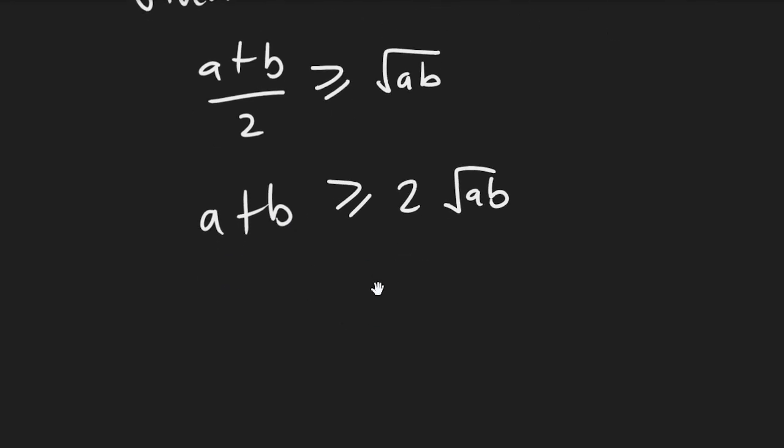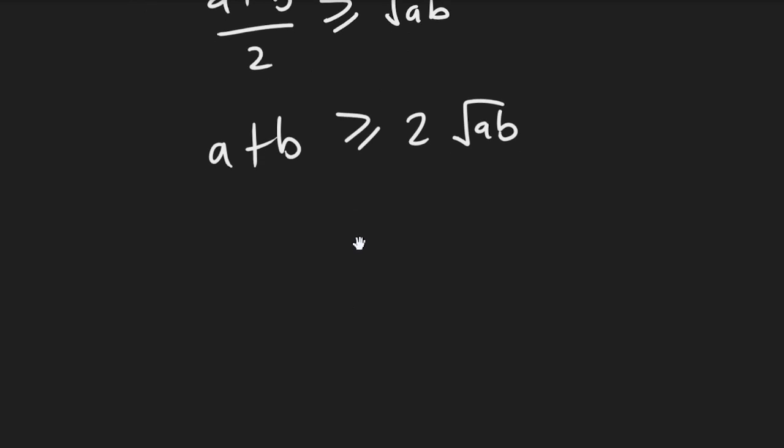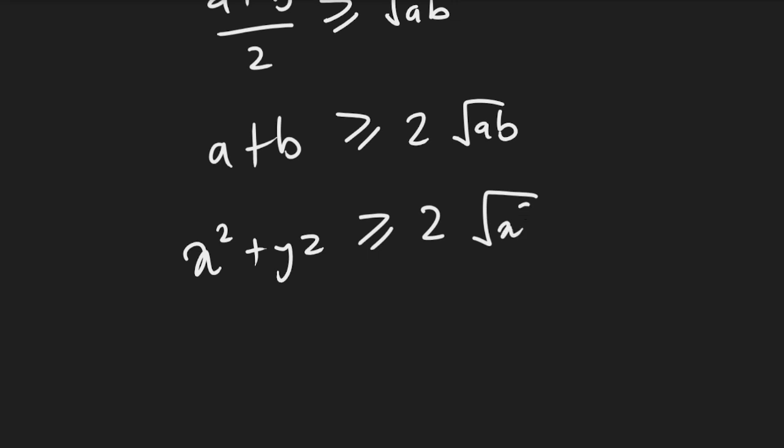Here. So can we change A with x squared and B with yz? Yes. So when we change that, we have x squared plus yz is greater than or equal to 2 times the square root of x squared yz. And since x squared under the square root gives us x, we have greater than or equal to 2x square root of yz.